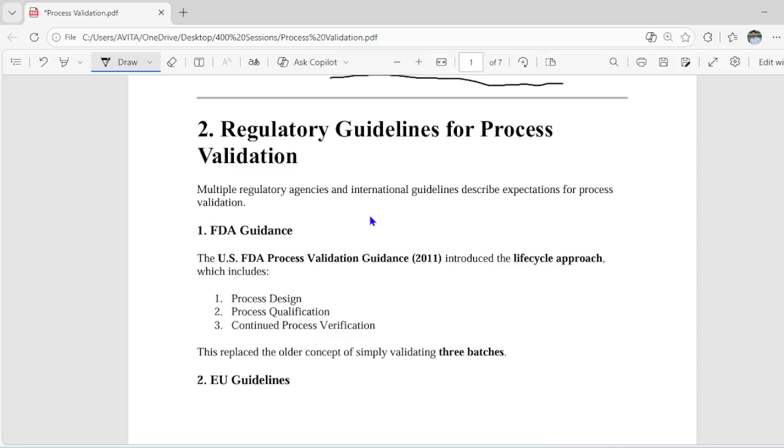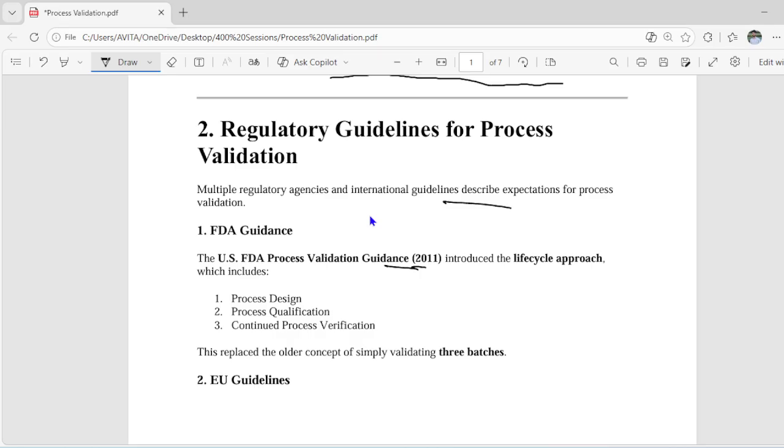There are multiple agencies and international guidance which describe the expectations for process validation. Here we'll discuss the US FDA guidance, which was given in 2011 and introduced the life cycle approach, which includes process design, process qualification, and continuous process verification.